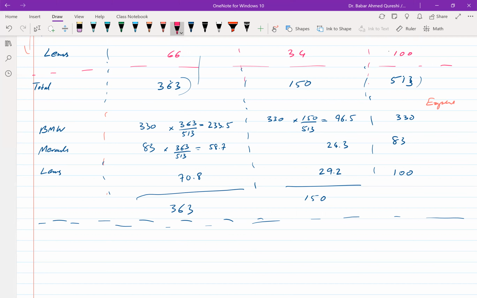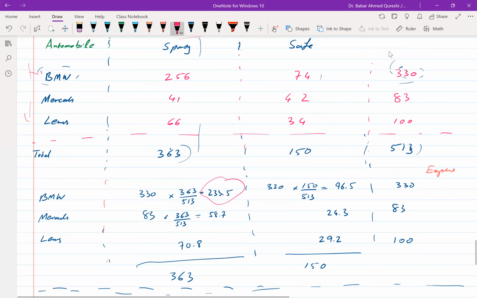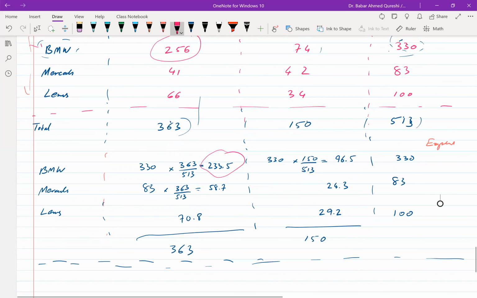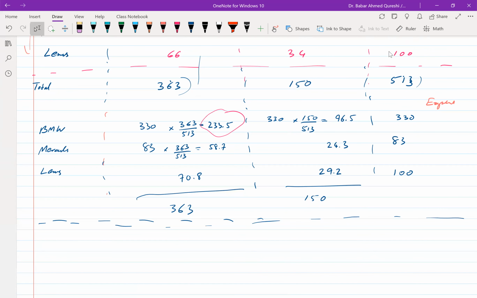So I have this data of expected and this data of observed. How many points do you have? You have 9 such data points. So you compute the chi-square, and how many degrees of freedom do you have?